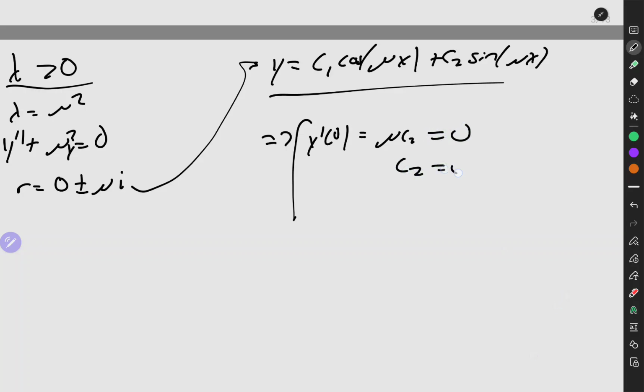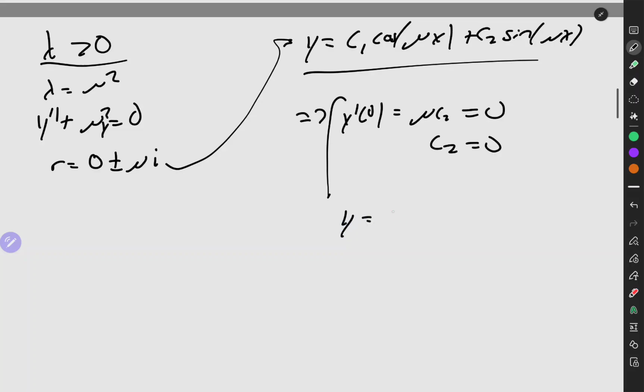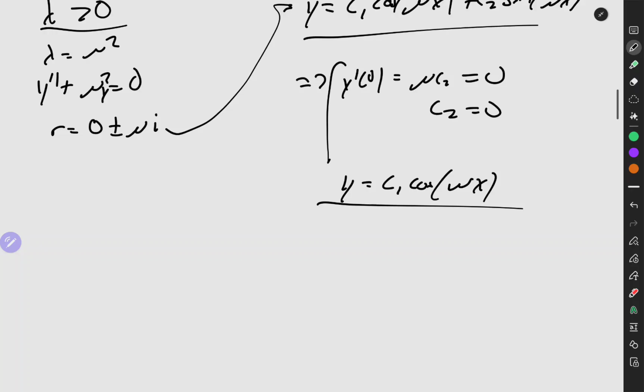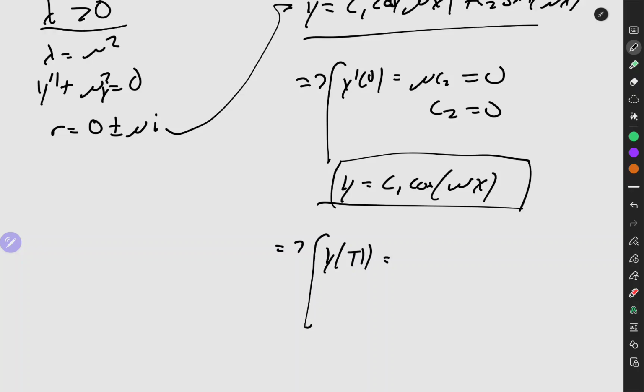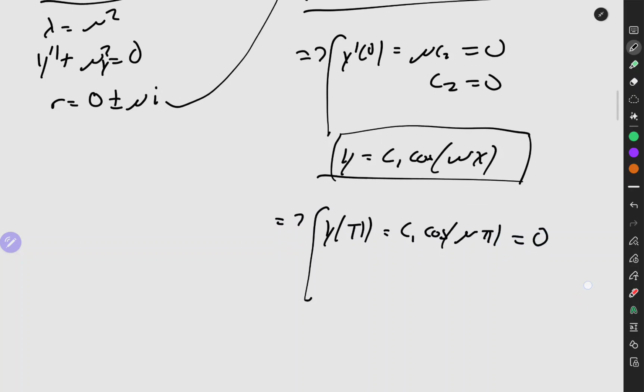So c2 is equal to 0. So then y is c1 cosine mu x. This has to be the runner-up for the eigenfunction, right? Hopefully. It's got to be. Y of pi, yeah, it definitely is. Equals 0.